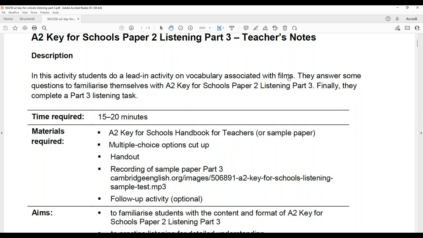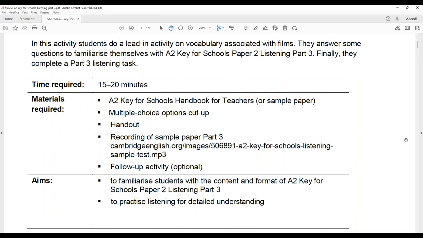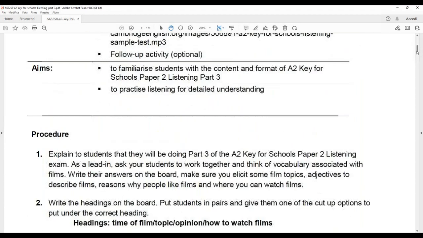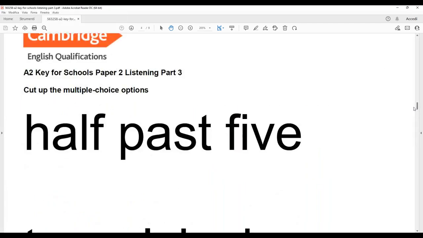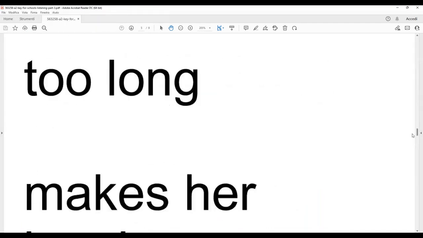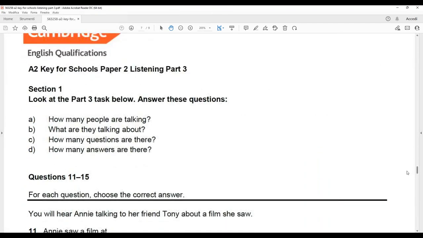They answer some questions, which they will be shown later on this page. So you're going to do a listening, and after the listening, you're going to have some questions to answer.